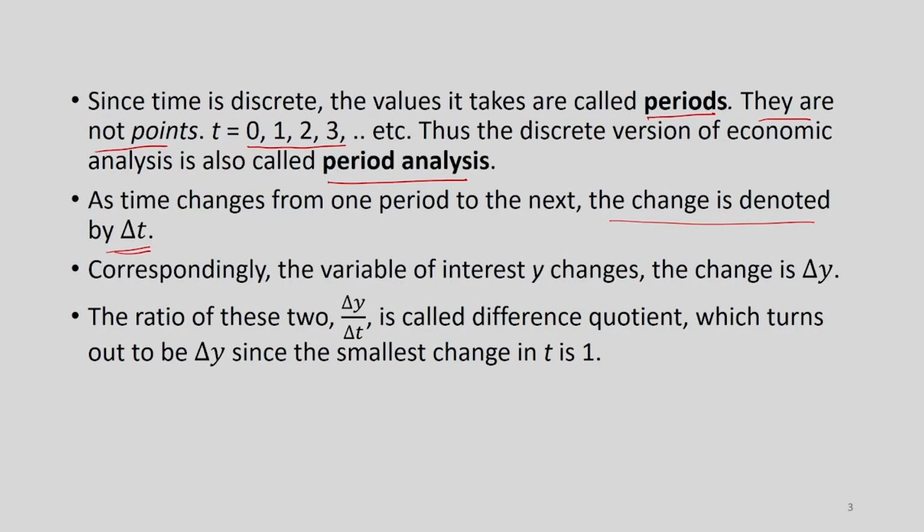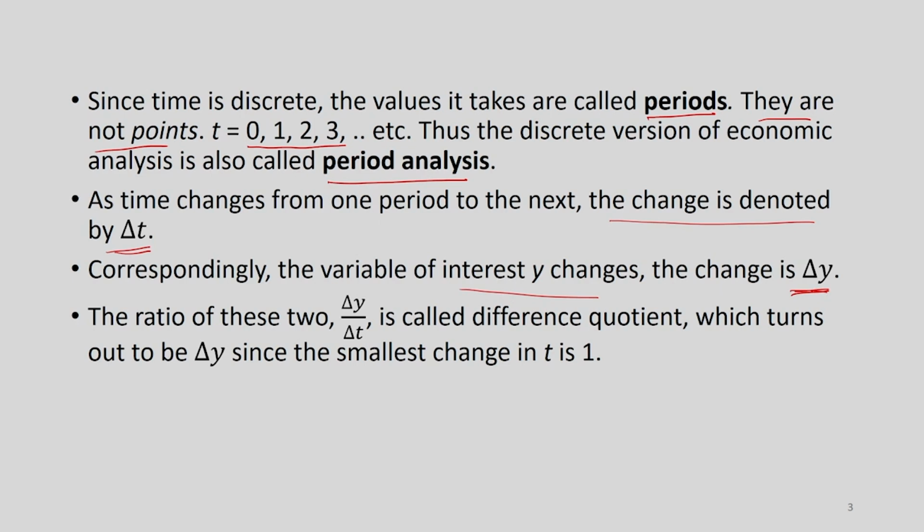Correspondingly, the variable of interest y also changes, and let us suppose that change is given by delta y, to maintain consistency. Since change in time is denoted by delta t, the change in, let us suppose, the GDP is also denoted by delta y.